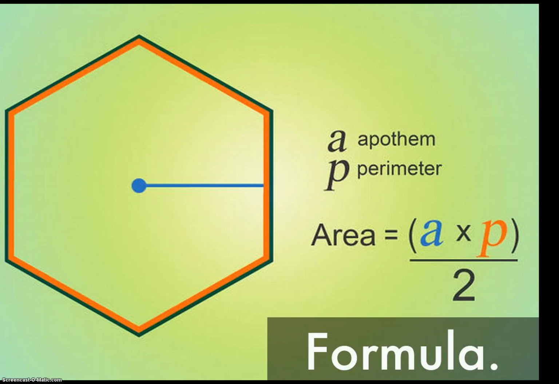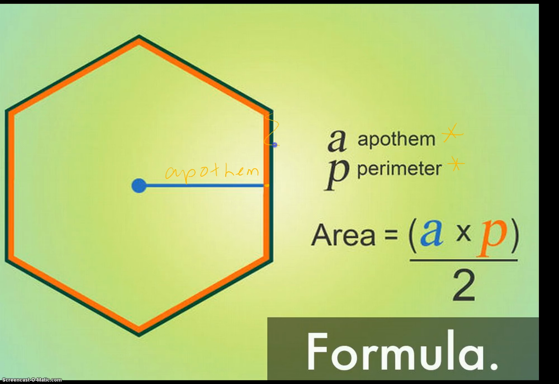So this is a formula for using the apothem and perimeter to find the area of a regular polygon. So if you know the apothem, again, this is the apothem. It goes from the center to a midpoint, and the perimeter is found by the distance around the figure.